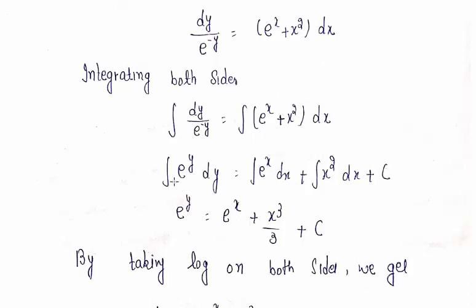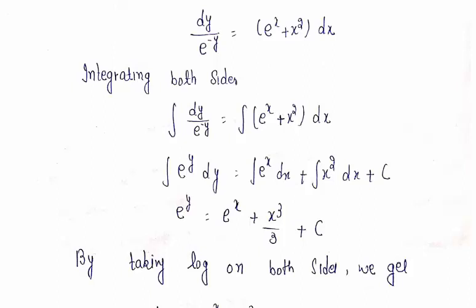Now the integration of e raised to power y is e raised to power y. Similarly, integration of e raised to power x with respect to x is e raised to power x, and integration of x square is x cube over 3 plus c.